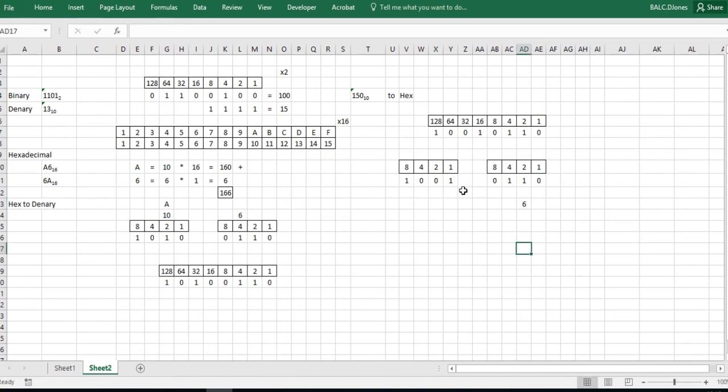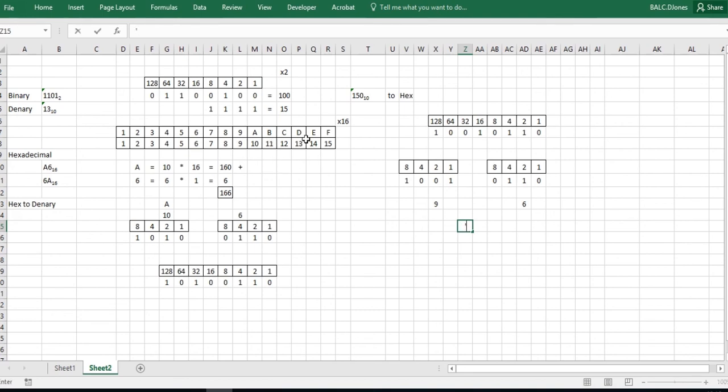This nibble converted to Denary is 6. This nibble converted to Denary is 9. So that means I've got the number 9, 6. All right. Well, I don't need to convert those any further. So I know that's 9, 6.